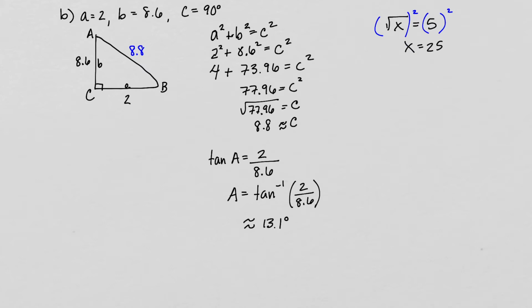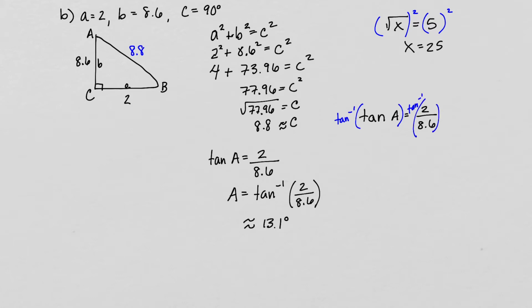So there's a middle step in here that I didn't write that you could if you wanted to. We have tangent of A equals 2 over 8.6. You could think about what I really did as taking the inverse tangent of all this stuff equal to the inverse tangent of all this stuff.